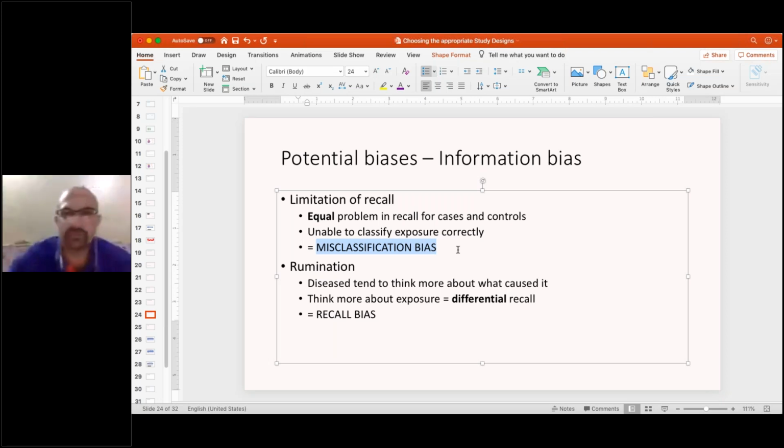Both the groups may not be able to remember whether they wore the PPE properly on that day. So they might say yes or no, and ultimately we do not know what they did, but misclassification bias will happen, that you would classify exposed as non-exposed or non-exposed as exposed.